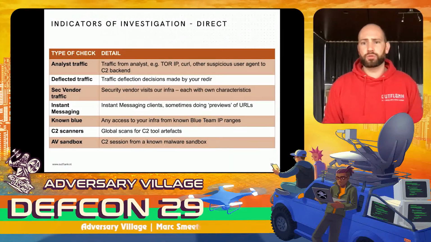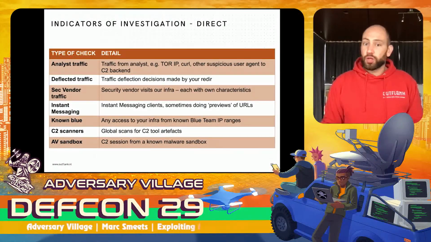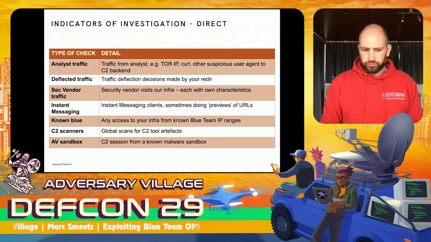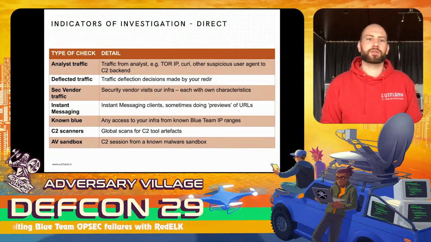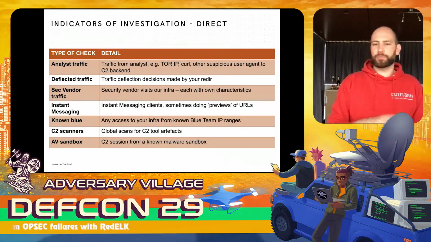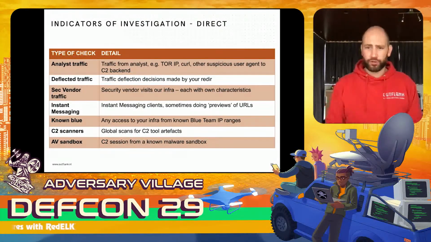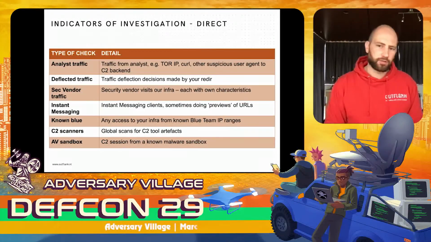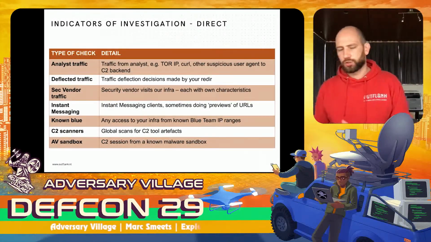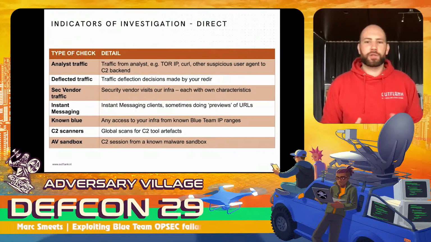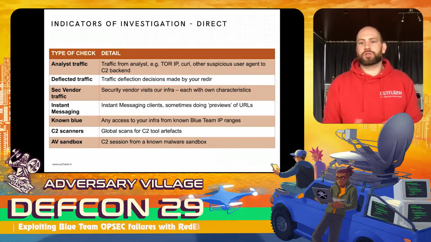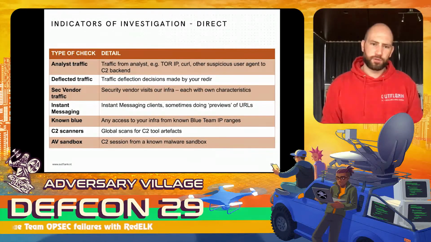Instant messaging, I showed you. A funny thing is, if you know the IP ranges of blue teams, which you might know over time, and those IP ranges are connecting to your infrastructure, even if they go to a decoy, to a deflected decoy backend, or if they go to your true C2 backend, you want to be aware of any blue team IP address accessing your infrastructure, because it immediately is suspicious.